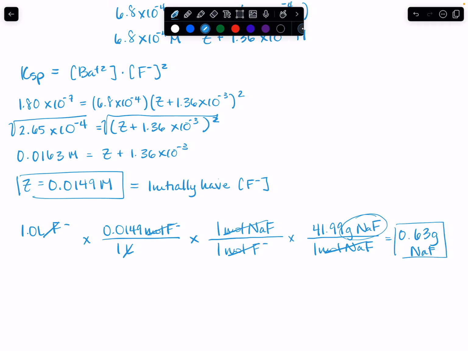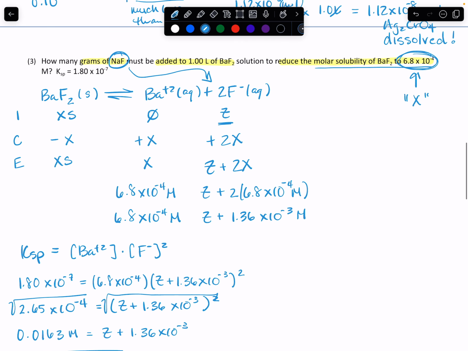That's how much I need to dissolve into 1 liter. That will then give me the 0.0149 moles of fluoride ions initially. And then when I try to dissolve my barium fluoride, it will keep that solubility at that 6.8 times 10 to the negative 4th molar level.